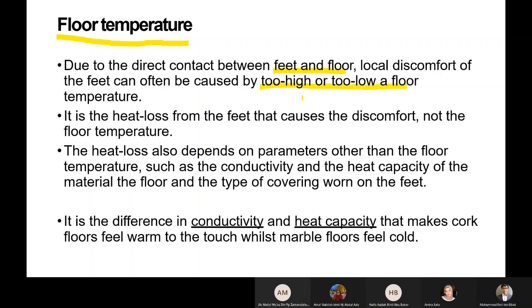What's interesting here is that the heat loss causes the discomfort. When you step on a very cold surface, you have a high temperature difference between your body and the surface temperature. A lot of heat goes out. That is what makes you feel discomfort.